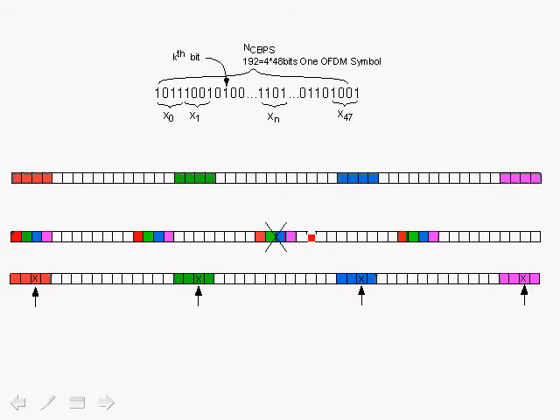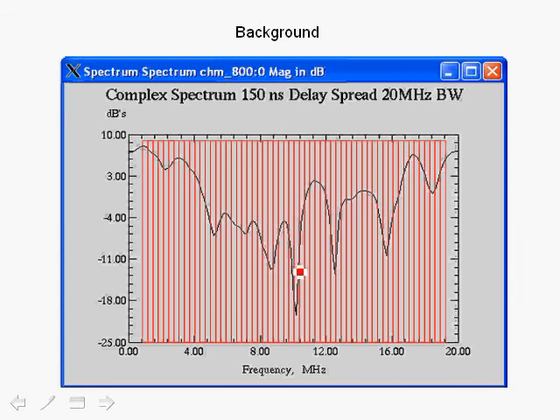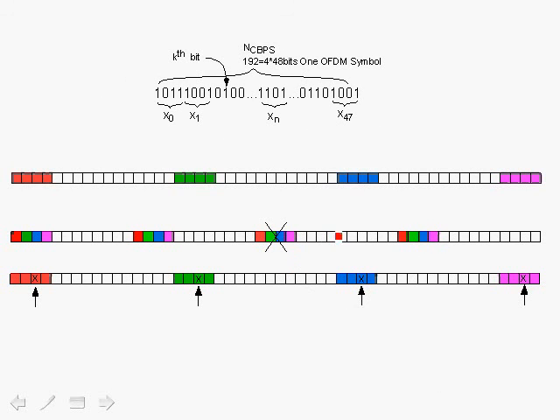This avoids bursty errors, and in the case of any fades, where for example a number of carriers are affected, then even the adjacent carriers don't carry adjacent bits, and in the de-interleaver process the bits are then randomly moved around in terms of the 192 bits that are presented to the Viterbi decoder, and the Viterbi decoder obviously can handle random bits more effectively than bursty errors.